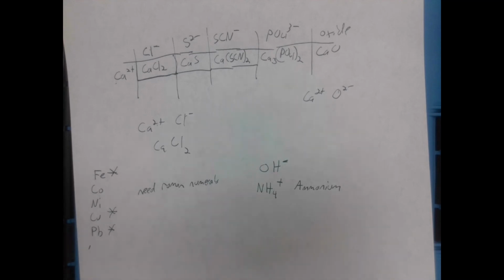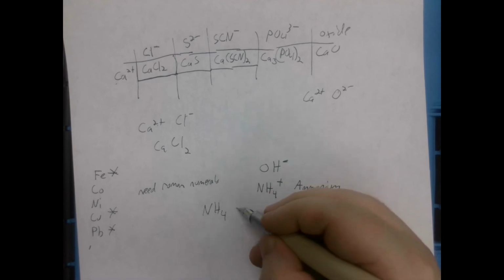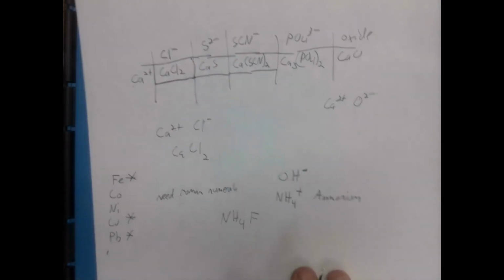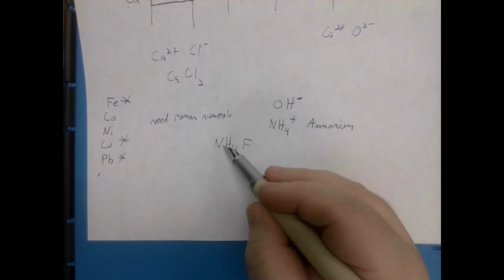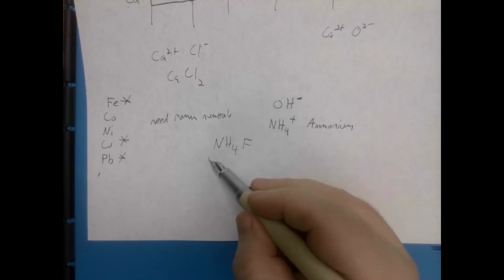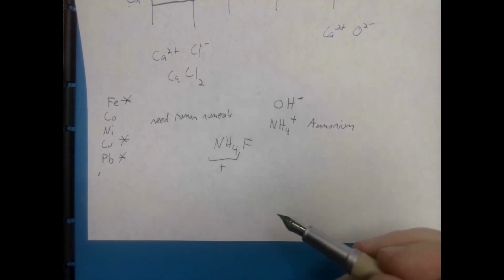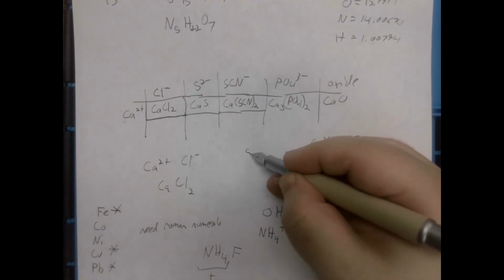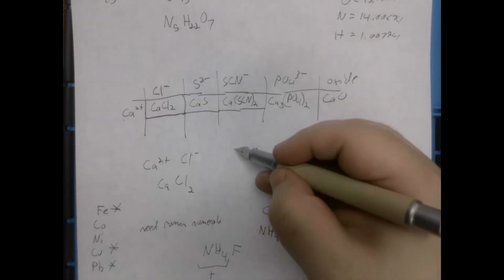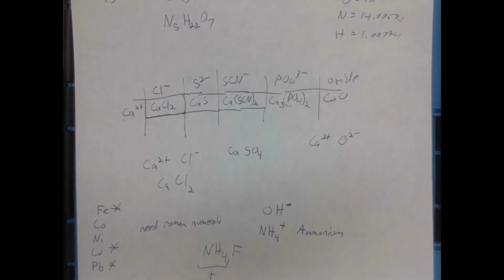If I give you on the test, by the way, here's a nice little trick. If you see on the test I've written this formula here, what's the charge on ammonium? Plus. My point is, if you don't know the charge of something, go throughout the test and let's say, for example, SO4, Ca, calcium, this.